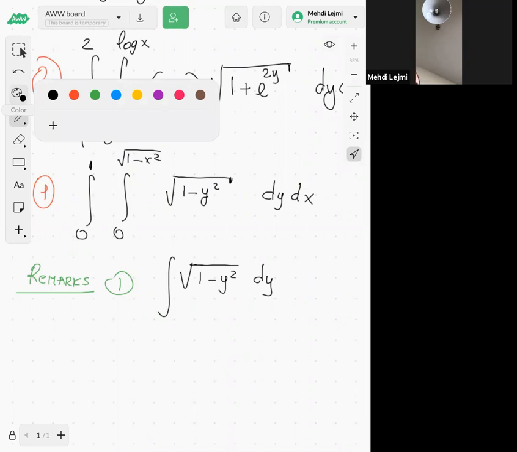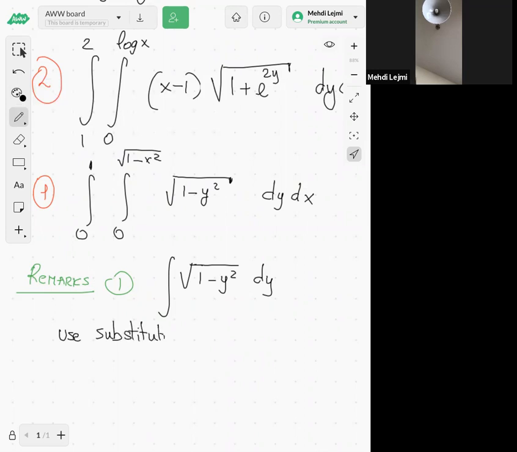So if you try to use the substitution, and let's say you substitute y squared by u, for example, let's say u is y squared, right? Then du would be equal to 2y dy, right?